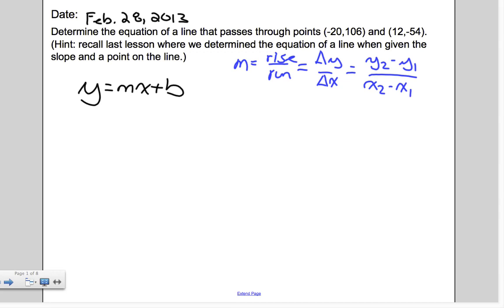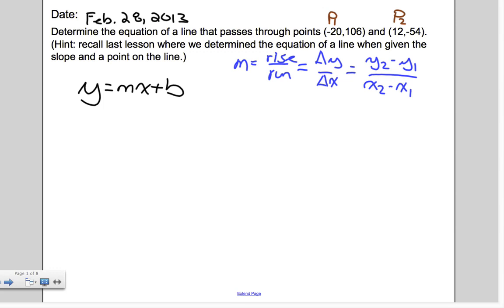So which are we going to choose for point 1 and point 2? Does it matter? I like to do it in order. So this is point 1, this is point 2. As you're given the question on a test or whatever, as you write it out, write point 1, point 2 right above your coordinates.